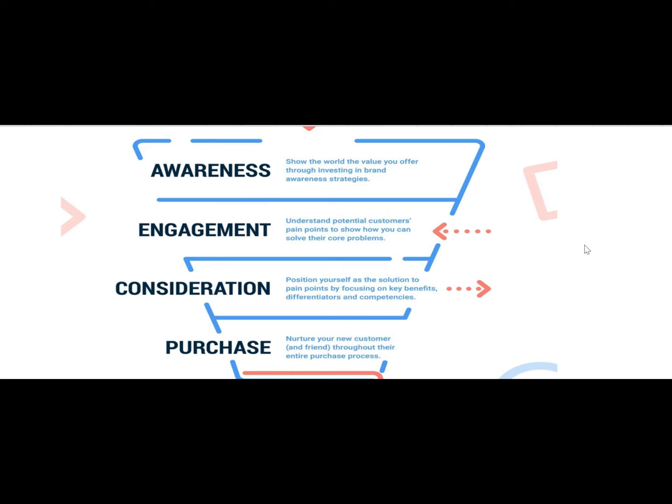Consideration: position yourself as the solution to the pain point by focusing on key benefits, differentiators, and competencies. And the fourth one is to nurture your new customer throughout their entire purchase process.